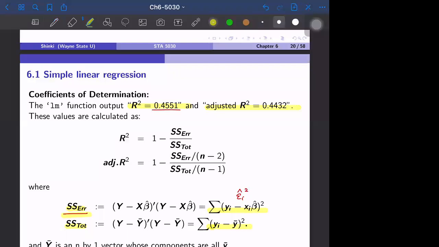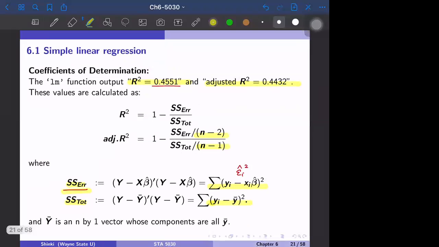And for adjusted R square, we have a similar formula, but with an adjustment term, n minus 2 and n minus 1. So this is the definition and the meaning of R square.